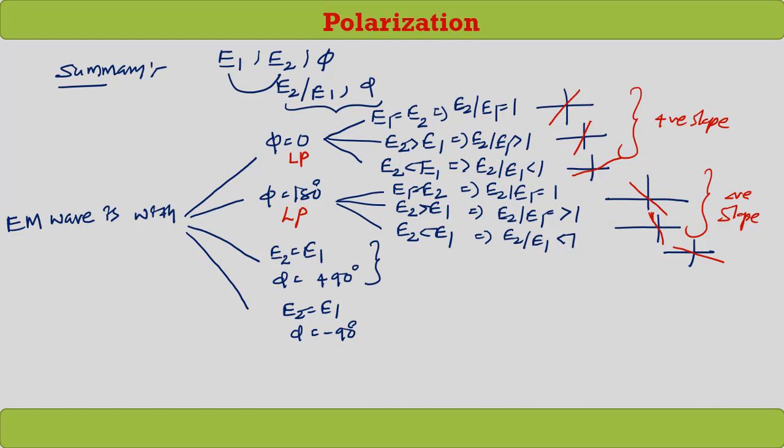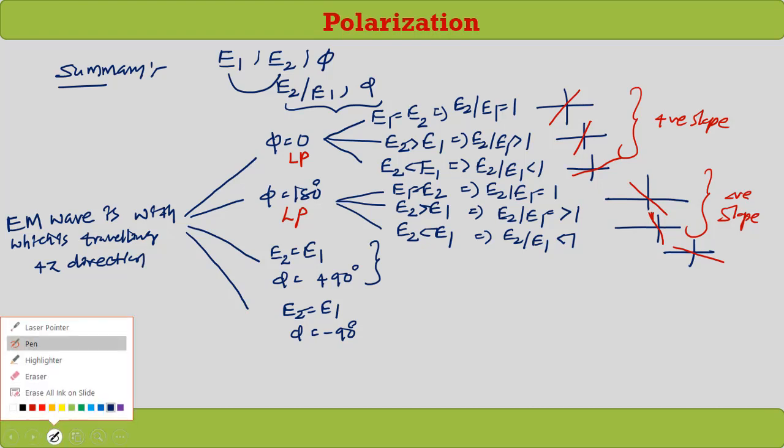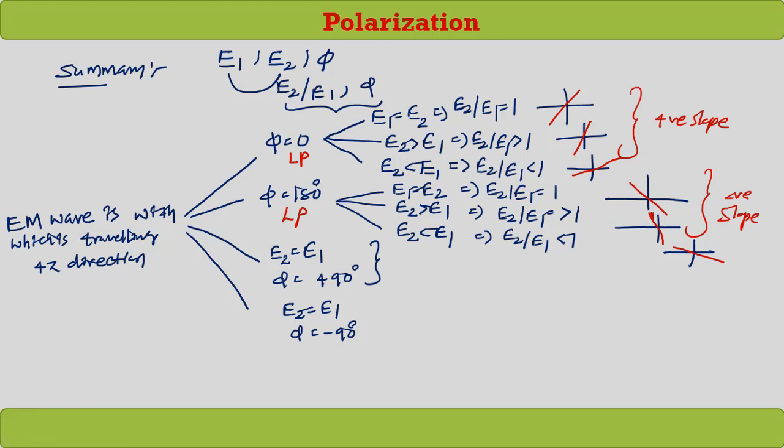Circular polarization. But the EM wave is with these values, traveling in the plus z direction. With this assumption only, all these things are valid. If it is traveling in the negative z direction, all these things will be reversed.